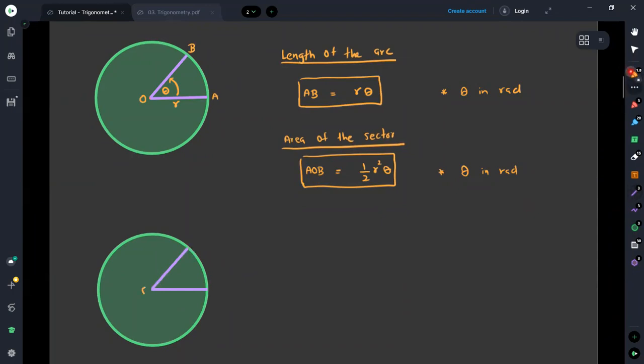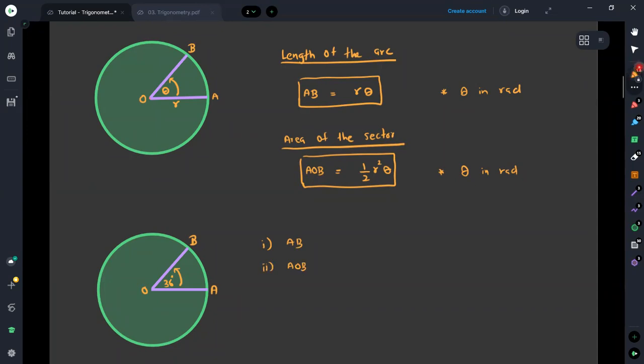Suppose that this is the angle O, with the points A, O, and B, and this angle is 36 degrees. You are asked to find the length of AB and the area of the sector AOB.